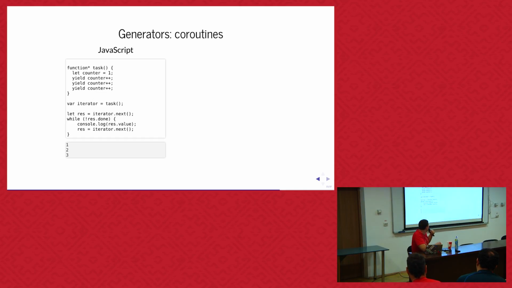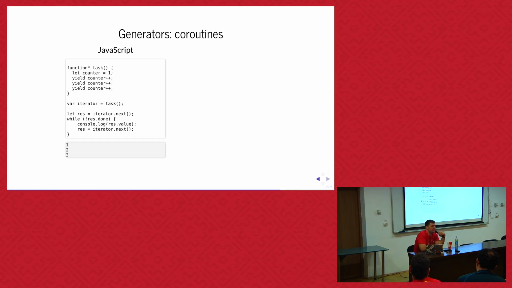So when we yield something, the coroutine effectively returns a value of the counter. But in JavaScript it is implemented in a slightly strange way. Basically, a generator just returns an iterator, and you have to manually call iterator next to get a value and check whether it's done or not.